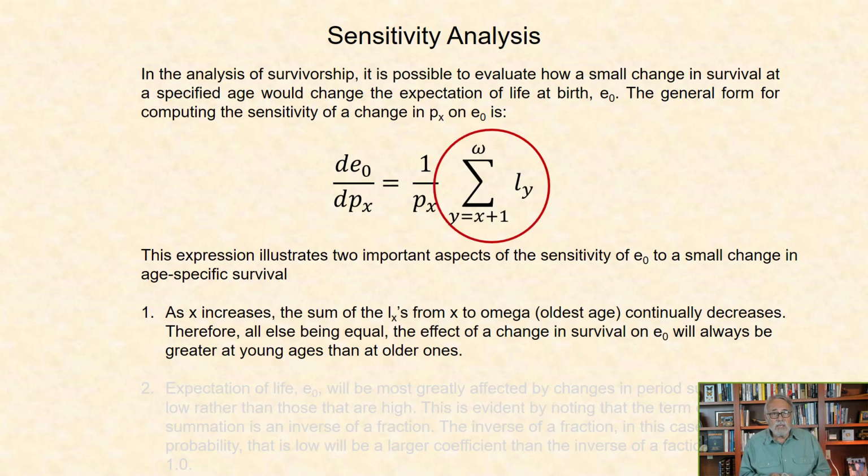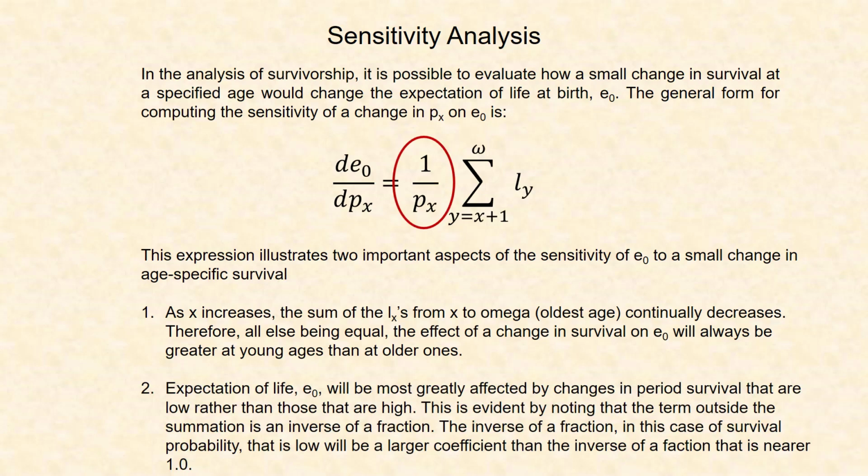First, as x increases, the sum of the Lx's from x to omega, that is the oldest age, continually decreases. Therefore, all else being equal, the effect of a change in survival on E naught will usually, although not always, be greater at younger ages than at older ages.